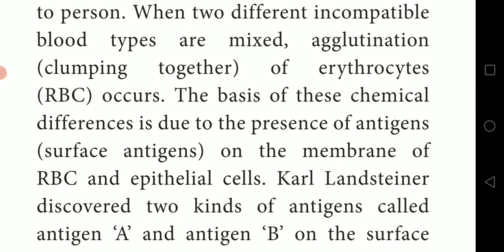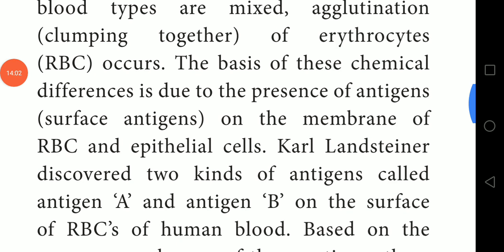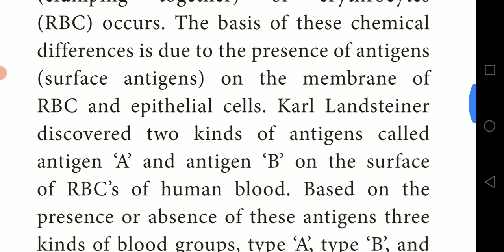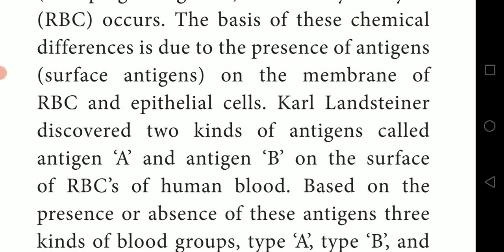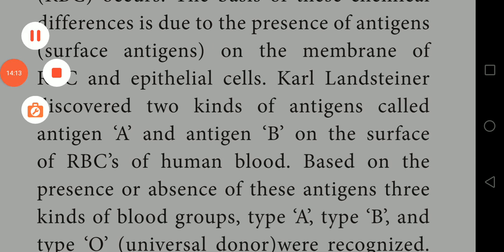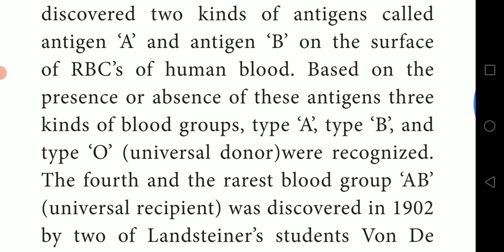There is a scientist called Karl Landsteiner. He discovered two kinds of antigens, antigen A and antigen B, on the surface of the RBC of human blood.